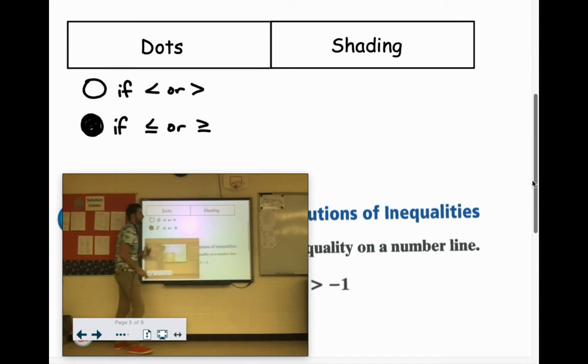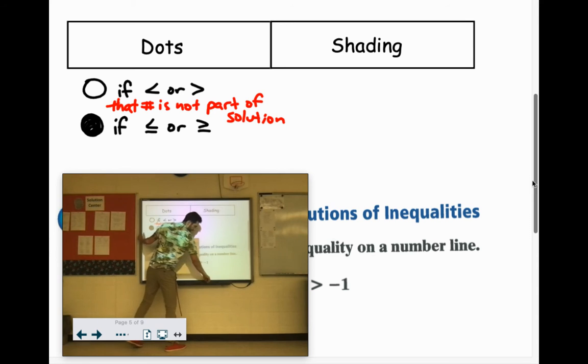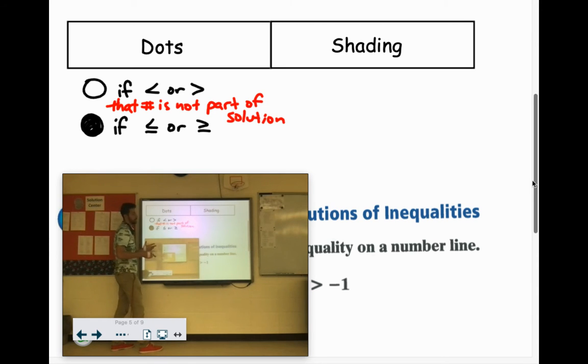And the reason you have an open dot if it's less than or greater than is because that number is not part of the solution. And I'll show you kind of what that means when we actually solve one of these.